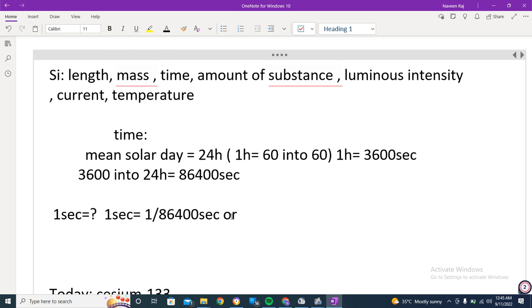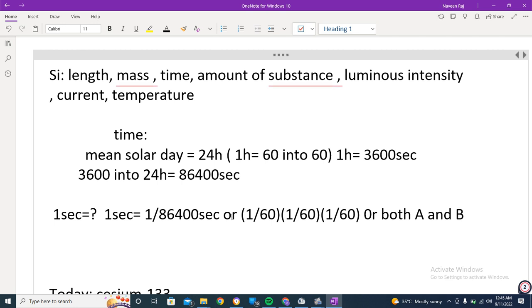The option can also come like this: 1 over 60, or 1 over 60, or both A and B. So what would be the answer according to you?